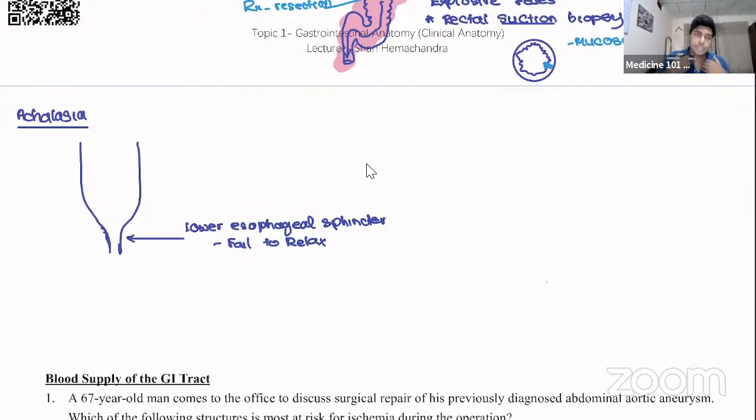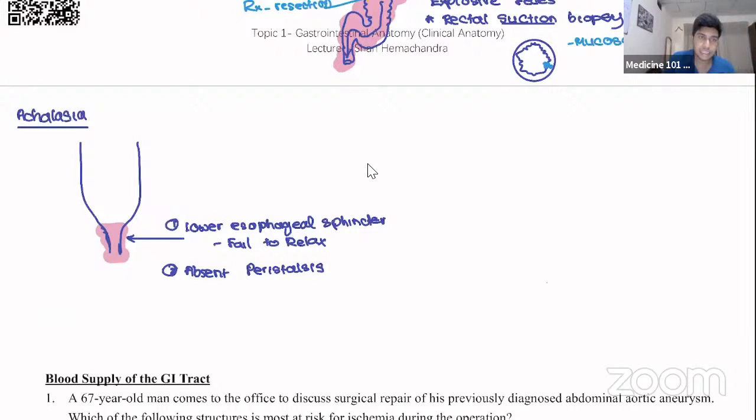So when food goes down, it fails to come back to its normal size. The second one is absent peristalsis. In this region you have absent peristalsis and failure of the esophageal sphincter to relax.